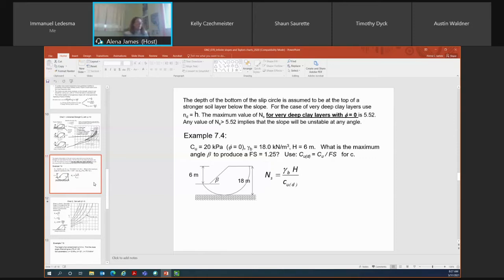Don't worry about that so much. Just have an understanding of how you would use your Taylor's charts if you were provided with your slope height, so you could calculate what your maximum slope angle would be, so your beta value.